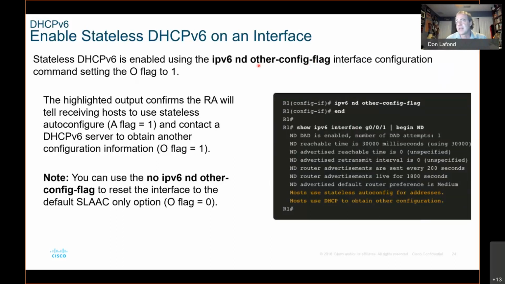And then type end, and then you can go to show ipv6 interface G0/0/1 | begin ND, and it will give you the information saying host uses stateless autoconfiguration for addresses, host uses DHCP to obtain other information. Okay, so that's the command. You will definitely want it in your tech notebook. That's the command to set the other flag.